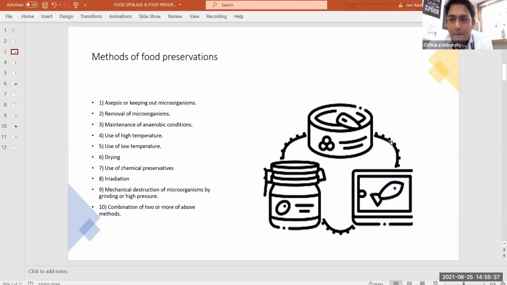Sajal? Inspection of food is also necessary in order to find whether it is suitable for consumption or not. Very good.